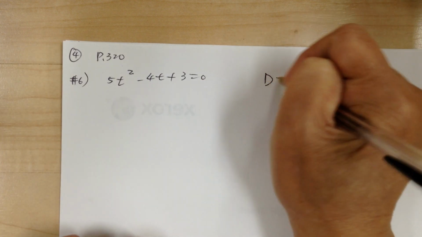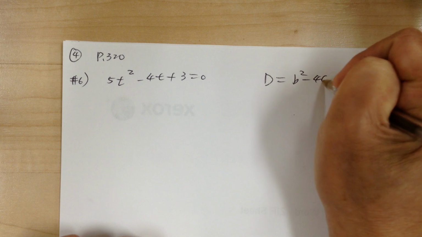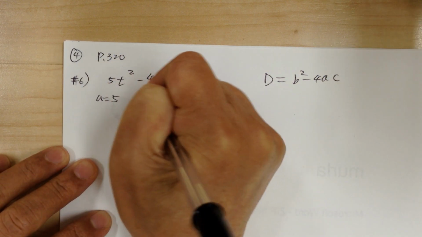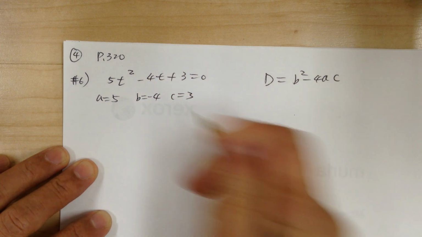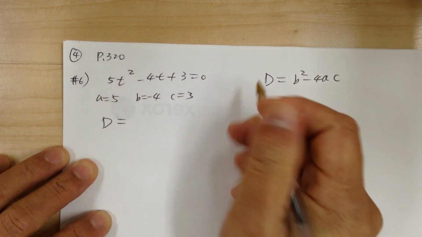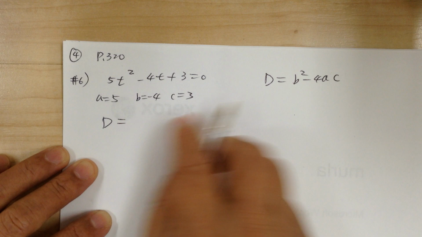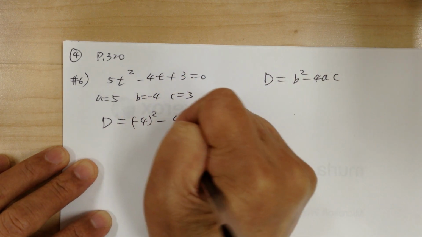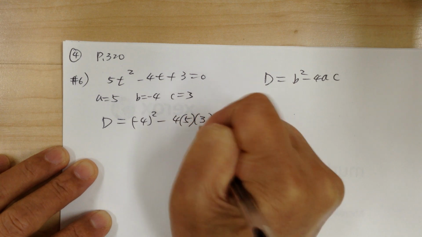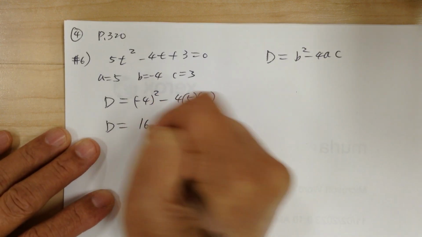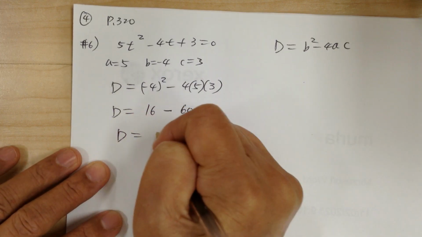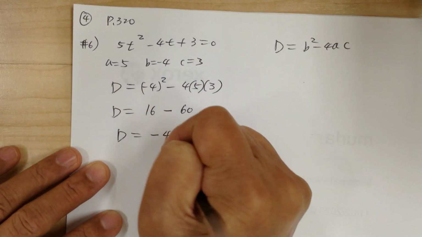So d equal to b squared minus 4ac. Again, a equal to 5, b equal to negative 4, c equal to 3. So substitute: b squared minus 4ac, your discriminant equal to 16 minus 60, so your discriminant equal to negative 44.